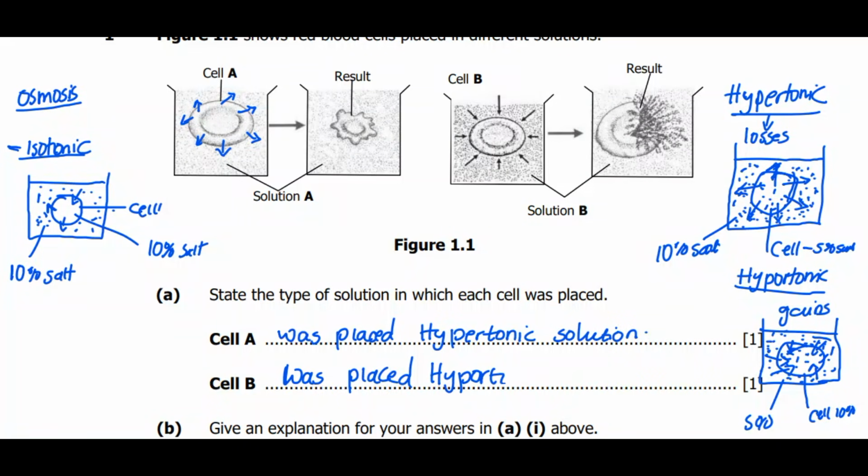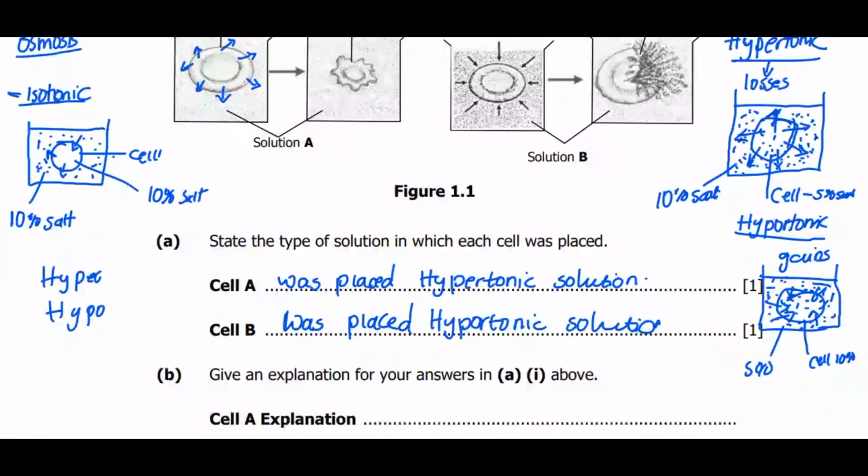The best way to remember these two solutions: hyper means above, and hypo means below. So hypo is where the concentration is below, and hyper is above.